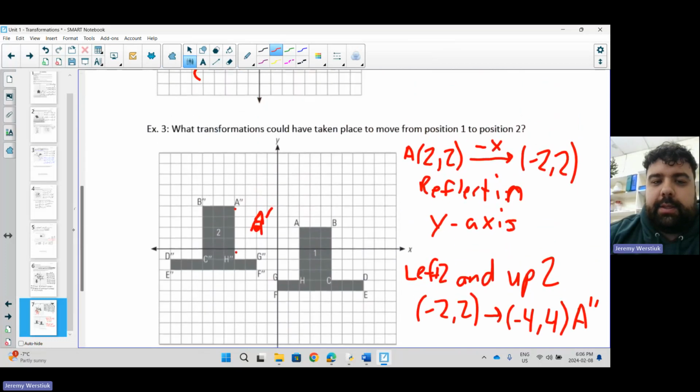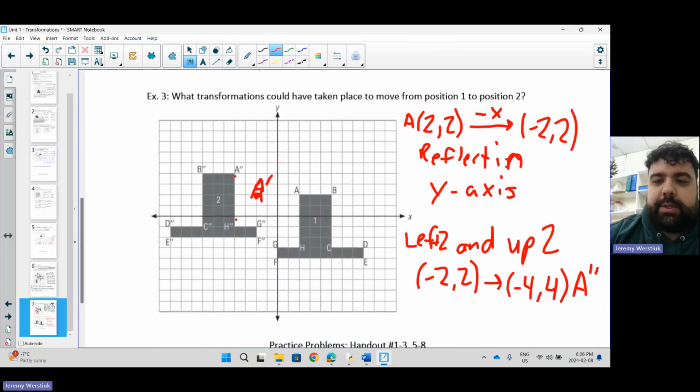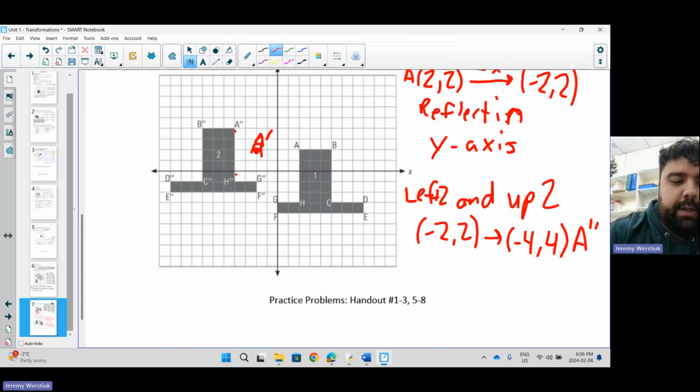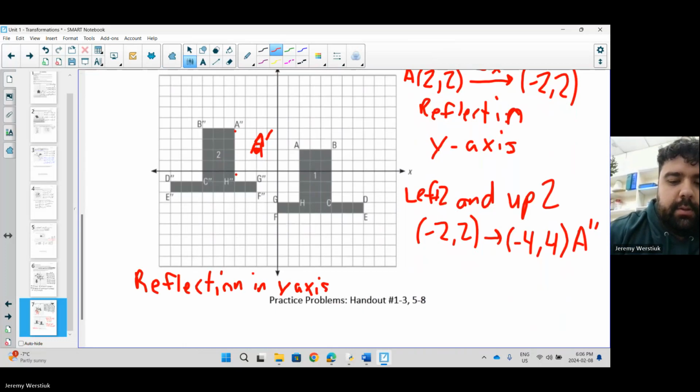And so how I would end this off, I would just sum up what transformations would have happened. So I would say reflection in y-axis. And we had a translation.